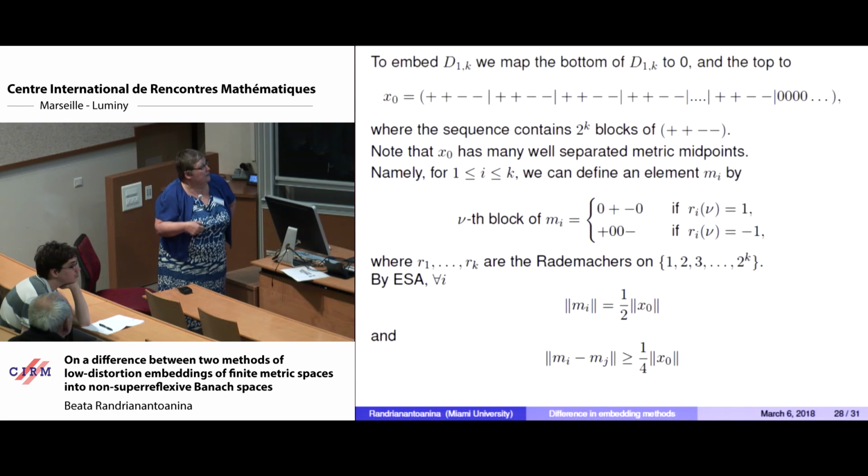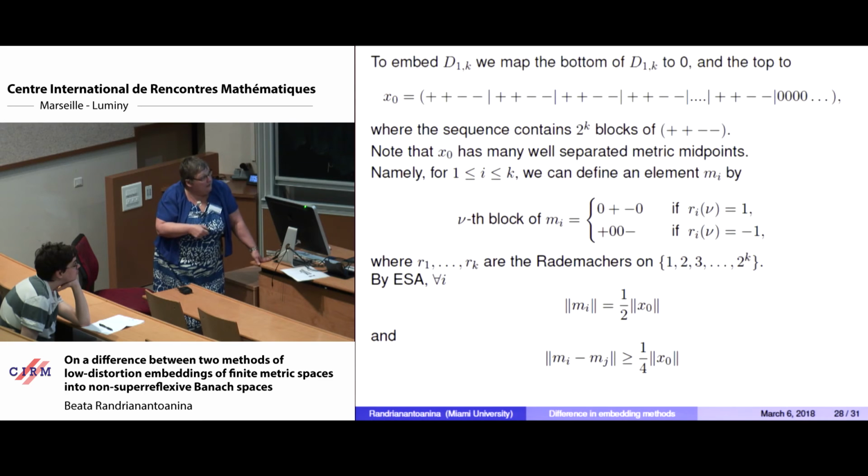So the norm of the midpoint will be precisely 1/2 of the top vertex, and the distance between them will be at least 1/4, because in half of the blocks they will cancel out. In the other half, my ESA property counts it for me and gives me this estimate. So I have as many midpoints as I wanted.